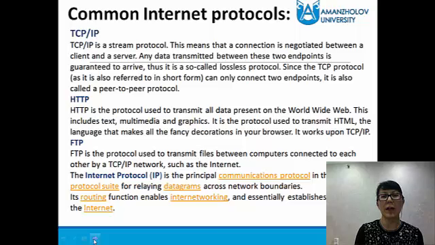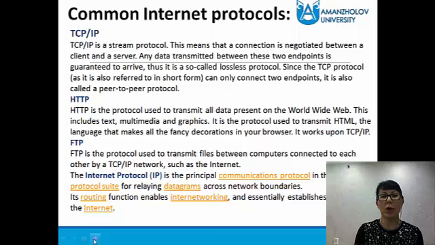This means that a connection is negotiated between a client and a server. Any data transmitted between these two endpoints is guaranteed to arrive, so it is called a lossless protocol. Since the TCP protocol can only connect two endpoints, it is also called a peer-to-peer protocol.